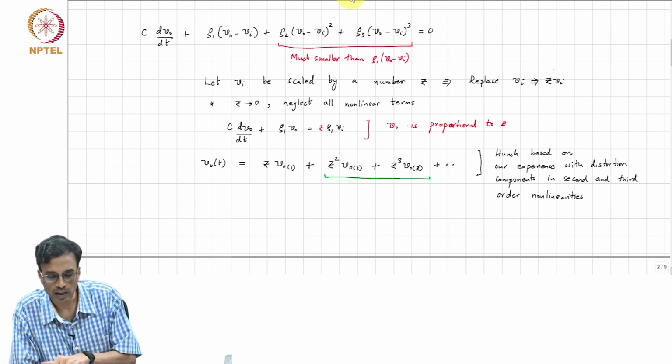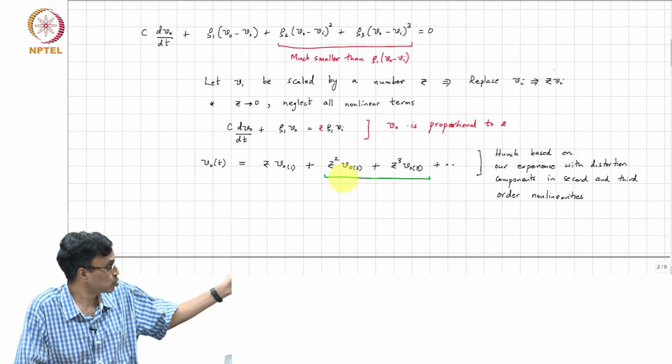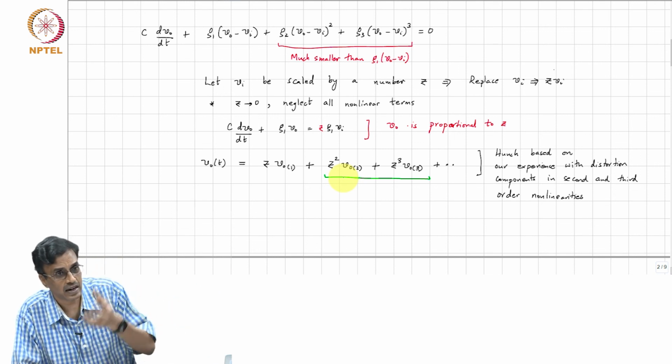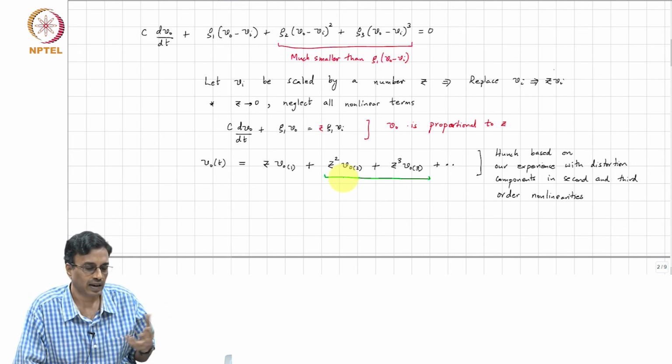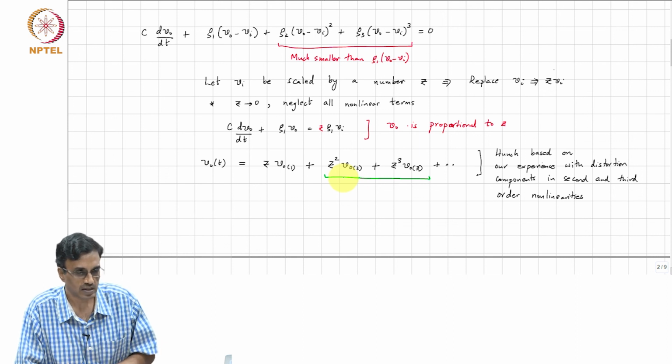So, in other words, if you put in an input sine wave, it does not mean that VO2 and VO3 etc. only consist of second and third harmonics. They can consist of even the input tone. You understand, right?